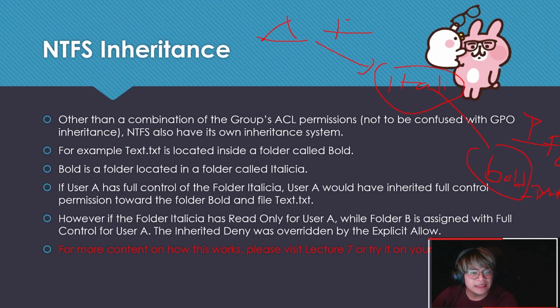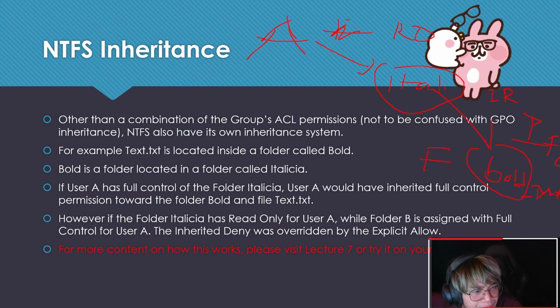However, if the folder Italia has read-only for user A, so read-only, RO, on folder A, while folder B is assigned full control for user A, the inherited deny will be overridden by the explicit allow. The folder bool will assign full control for user A. So basically, like just now, if you have RO over here, this is the inherited read.